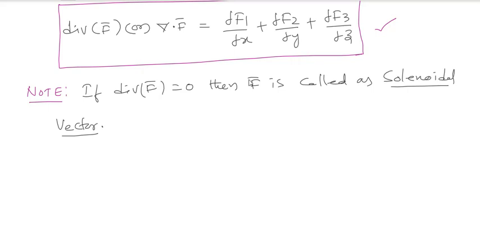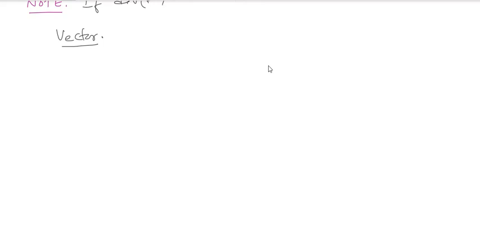Next, this was the divergence of a vector. Next, let me take the curl of a vector point function.